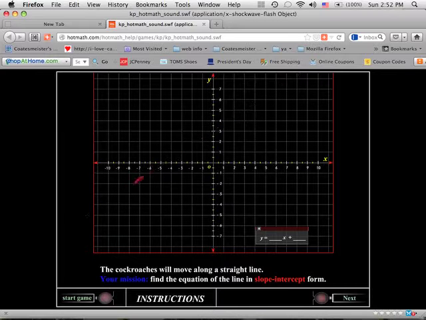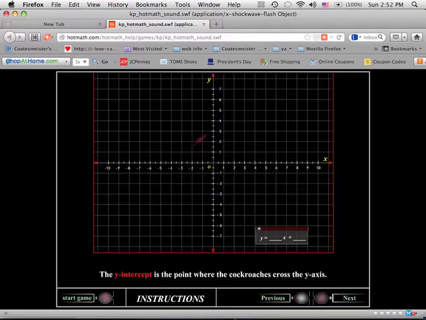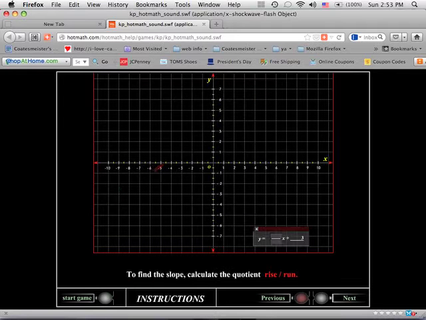Your mission is to find the equation of a line in slope-intercept form. Remember that the y-intercept is the point where the cockroaches cross the y-axis, so in this case that would be 3. And for the slope, calculate the rise and the run.